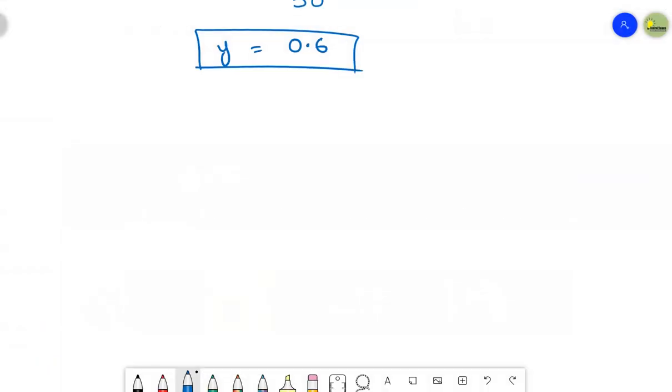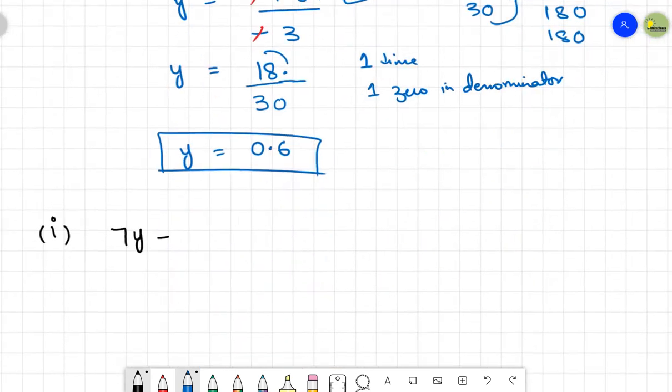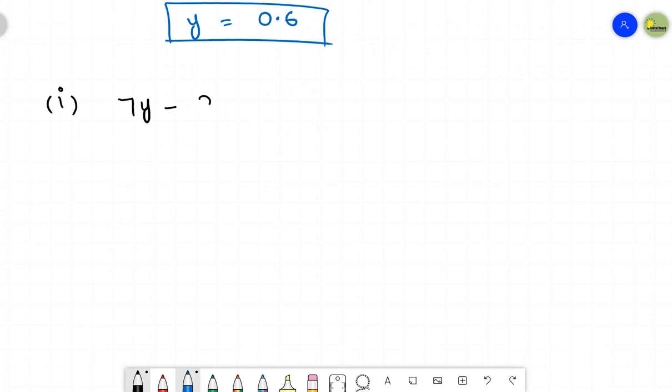Now, doing another part, that is part I. Let's do part I now. That is 7y minus 2 3 upon 4 equals to 1 upon 2. Now it's a kind of rational number question. You need to solve the fractions. First of all, the value that is independent of y, this is independent of y.